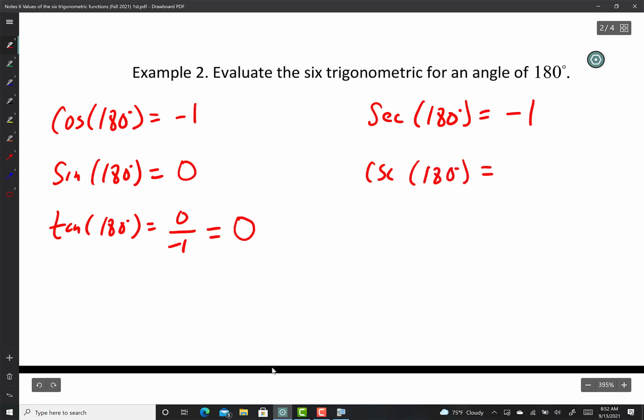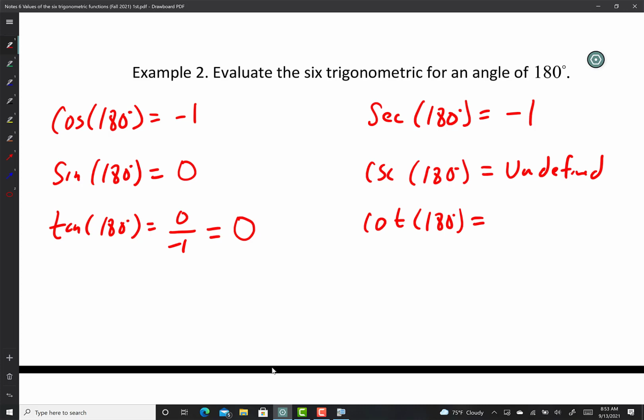And does 0 have a reciprocal? No, so this one is undefined. You can also say does not exist. And then finally, cotangent of 180, the same deal. Can I take the reciprocal of 0? No. Undefined. You can also say does not exist.